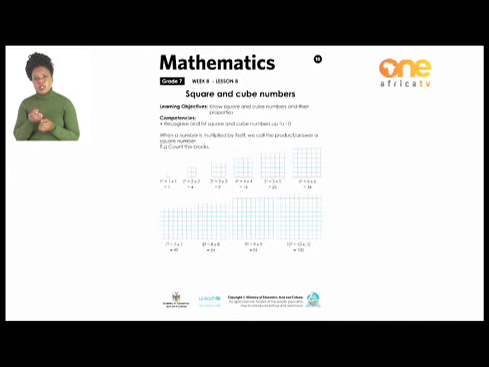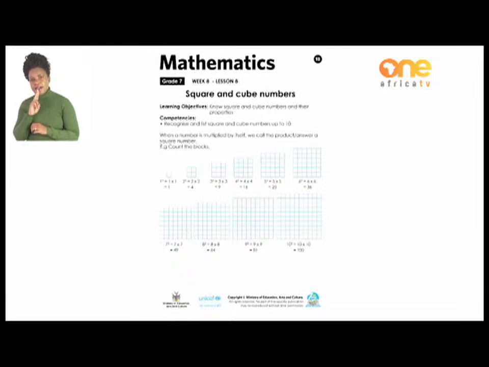We have 7 squared, which is 7 times 7, gives you 49, 8 squared, which is 8 times 8, gives you 64, 9 times 9 is 81, and 10 times 10 is 100.